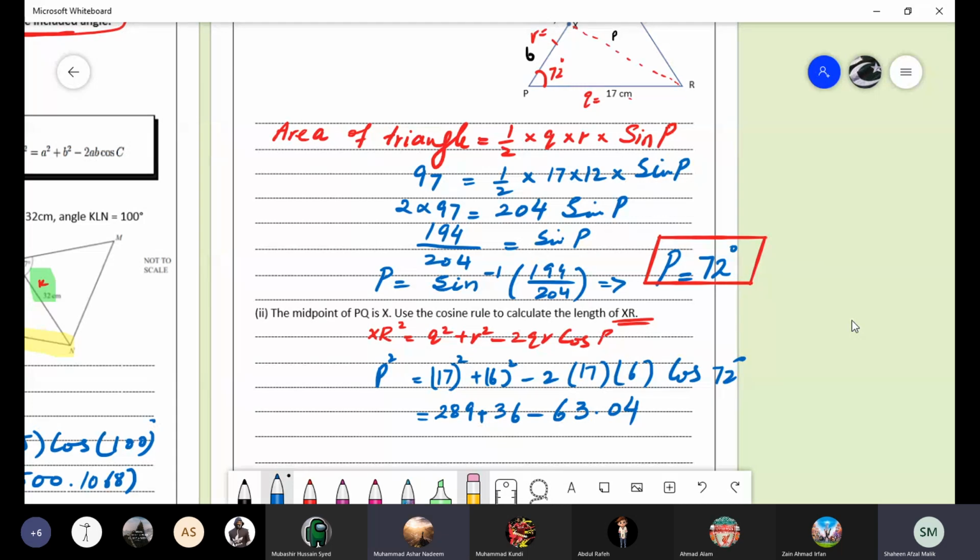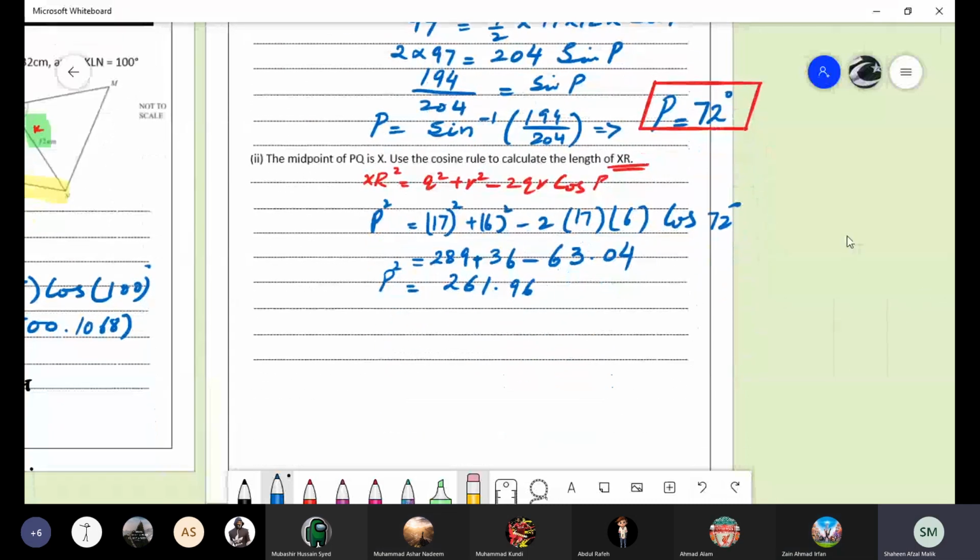Yes, ma'am. Okay, so add these two numbers, then subtract and tell me the value of P square. 289 plus 36 minus 63.04. Ma'am, 289 plus 36 is 325. And total is 261.96. This is the value of P square.